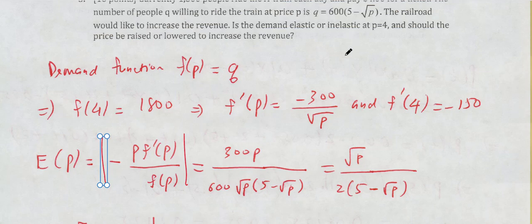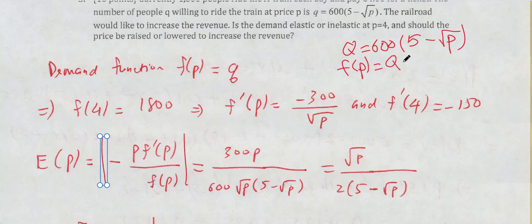We know that q equals 600 multiplied by 5 minus radical of p. And remember, the square root means the power of 1/2.